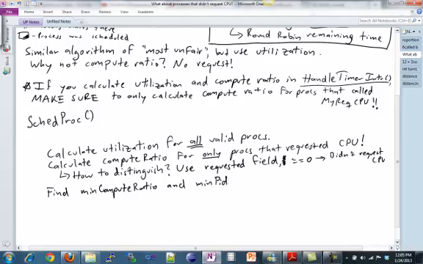But now we're going to call it min PID that requested CPU. I want to differentiate between the ones that did request and the ones that didn't request. So for the ones that did request, we care about the compute ratio. So we're finding the minimum compute ratio, right? And this is only for processes that requested CPU.